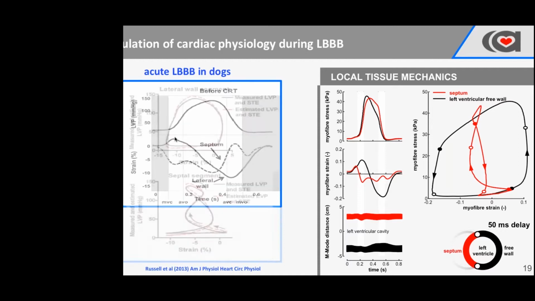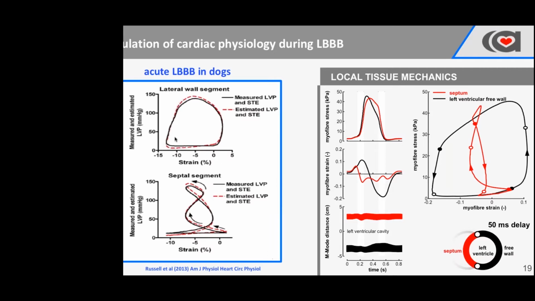But also the myofiber stress strain loops, they also did it in dogs, though you cannot measure real stress in vivo or in the experiment. So that's why they took a proxy for that and used just the measured and estimated left ventricular pressure.